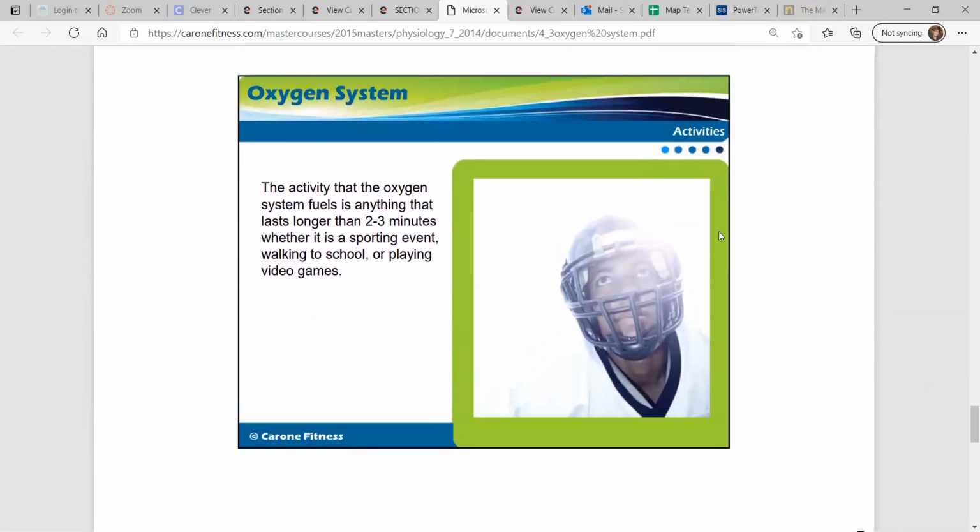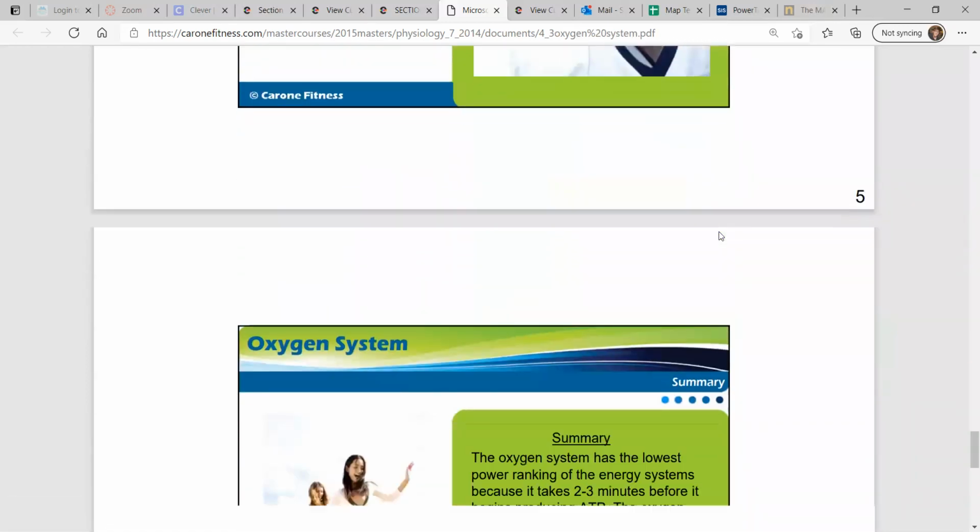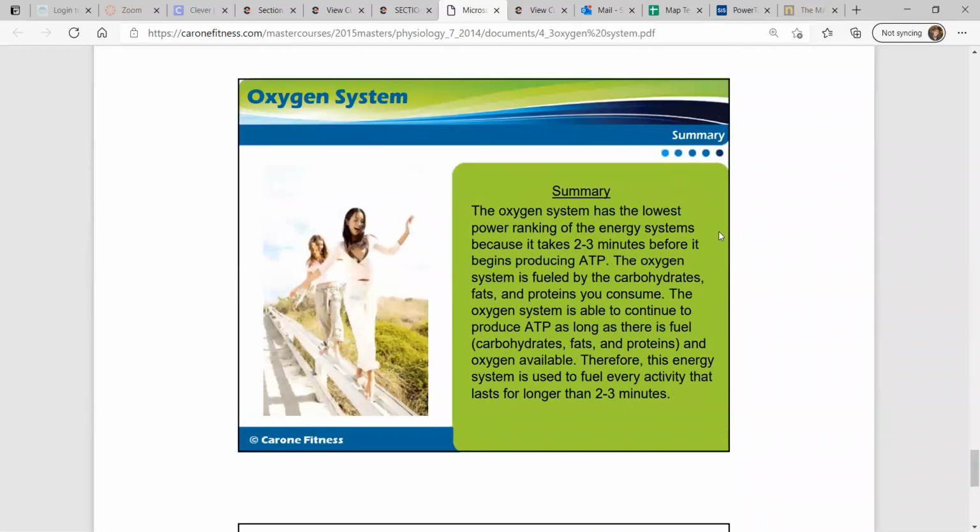And the activities where the oxygen system plays a role is anything that lasts longer than 2 to 3 minutes, whether it's a sporting event, walking to school, or even playing video games. Your oxygen system is used. It has the lowest power ranking because it takes 2 to 3 minutes before it begins producing ATP.